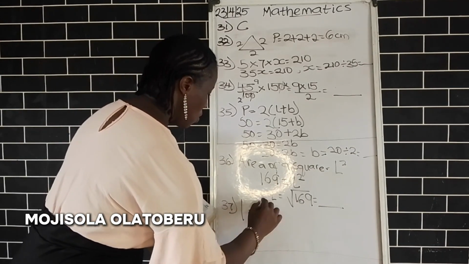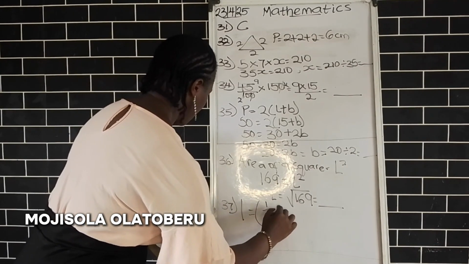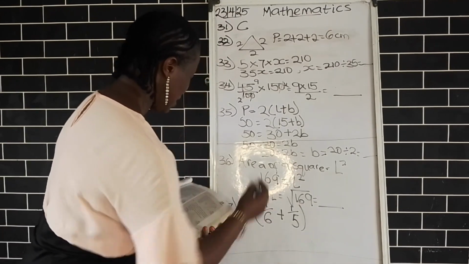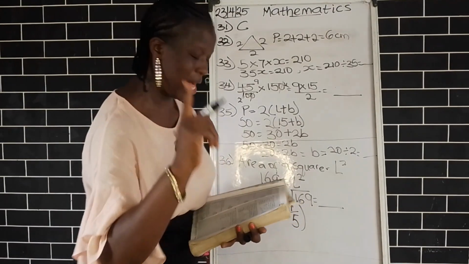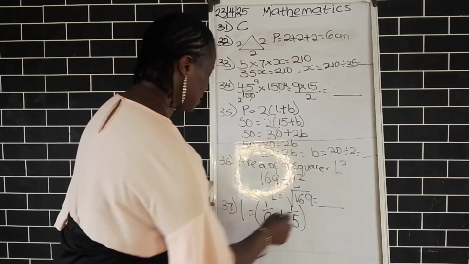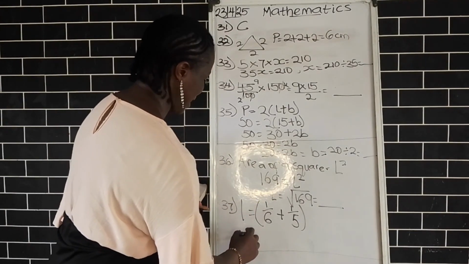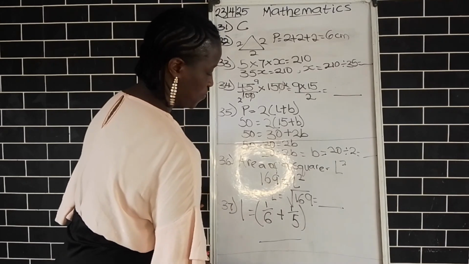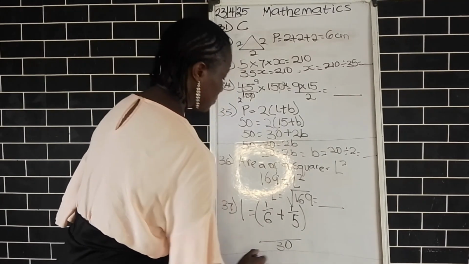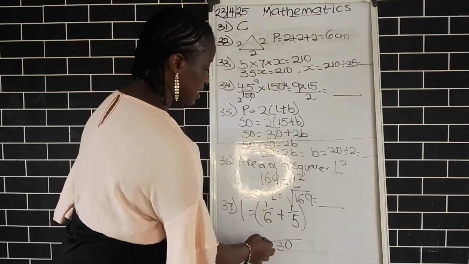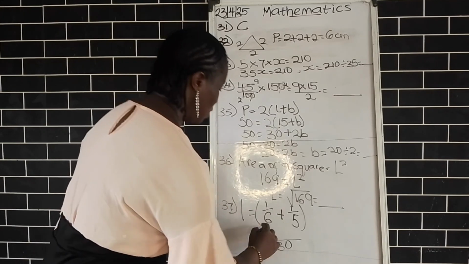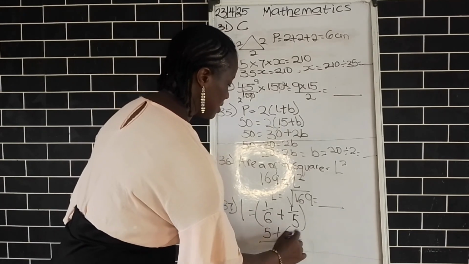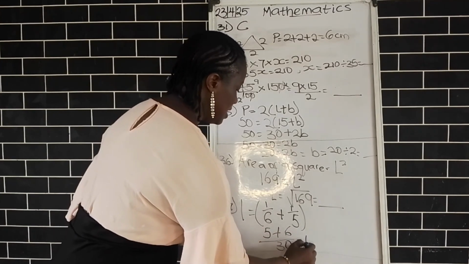So that would be 1/6 plus 1/5, because we are adding all this together, then we take it away from 1 to get the fraction left. So what do we do when we see a number like this? Let's find the LCM of 6 and 5, let's use 30. 6 in 30, that is 5. 5 times 1, 5. Plus 5 in 30, that is 6. So we are having 11/30.